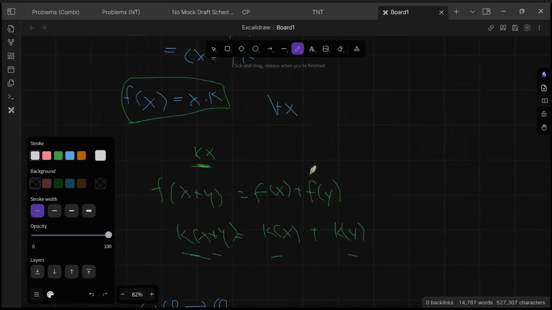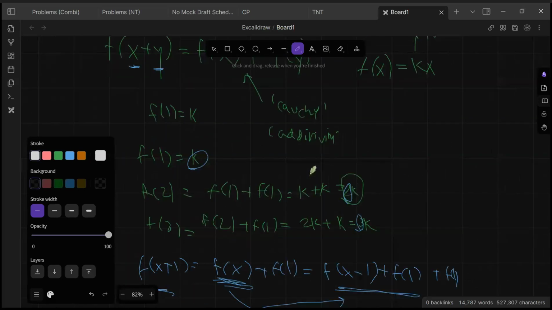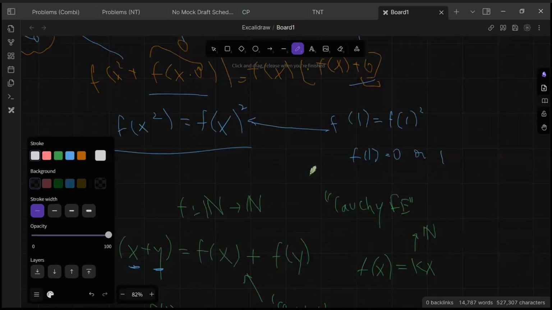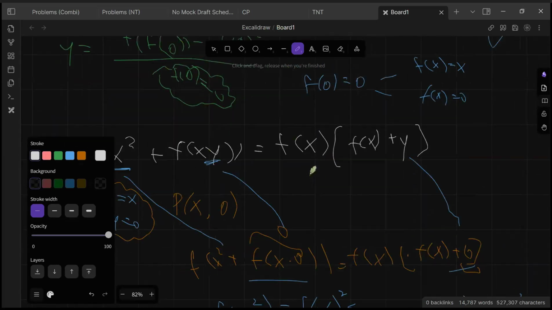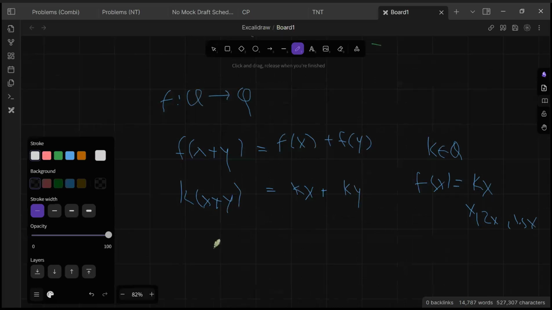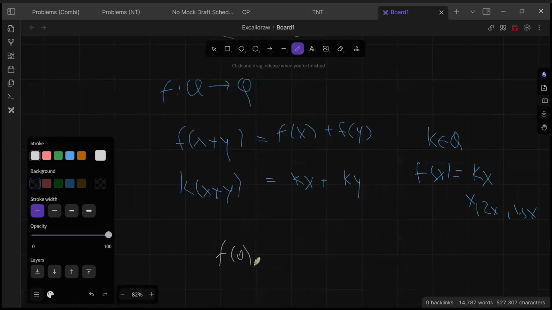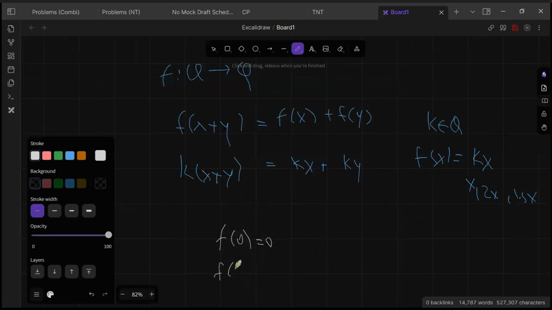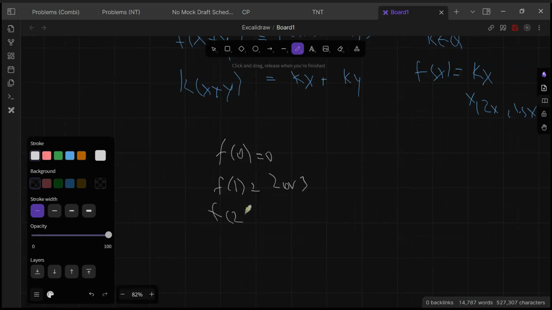Okay, so basically what we have is, how do I say this? Okay, so suppose we get for some function f of 0 is 0, f of 1 is 2 or 3, and f of 2 is 7, f of 3 is 9 or 11 or 13 or something like this.